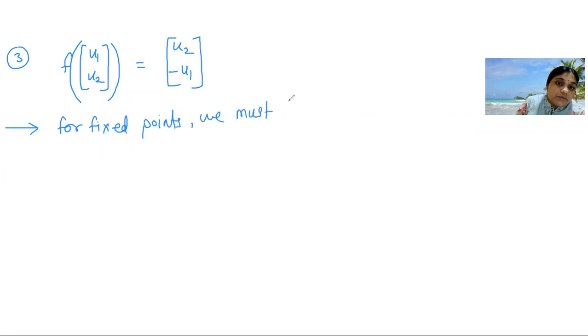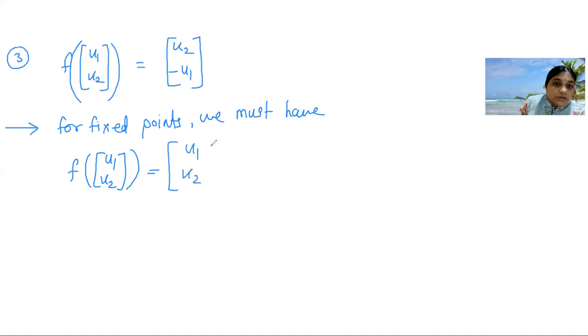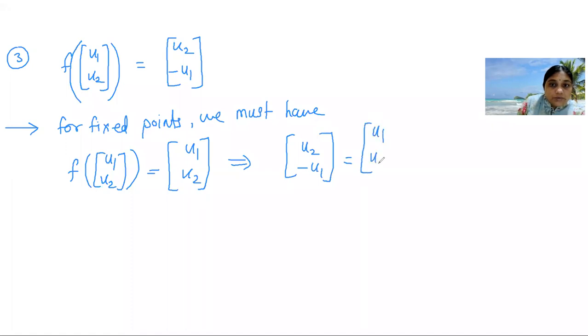We must have f of u1 u2 equal to u1 u2. So this implies u2 minus u1 is nothing but u1 u2. So this implies u2 is equal to u1 and minus u1 is equal to u2.